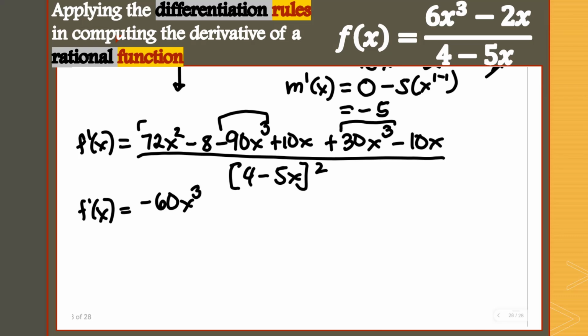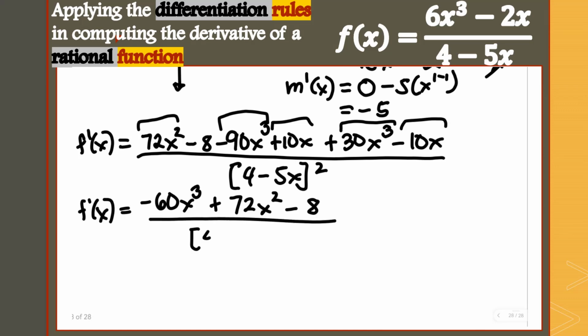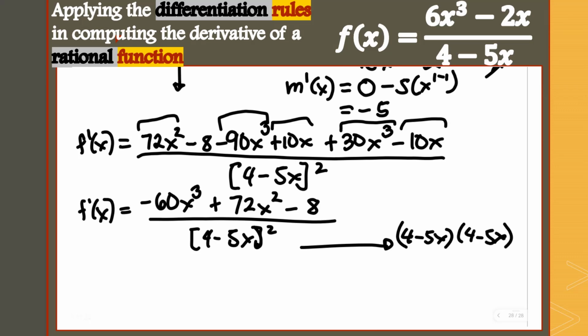For x squared, you only have one, so plus 72x squared. You'll have here plus and minus 10, that's 0, so minus 8, all over this form. Again, you may, of course, simplify this because this is just 4 minus 5x times 4 minus 5x. If you can look for possibilities of simplifying this numerator, yes, you may. I believe this is the final answer for this.